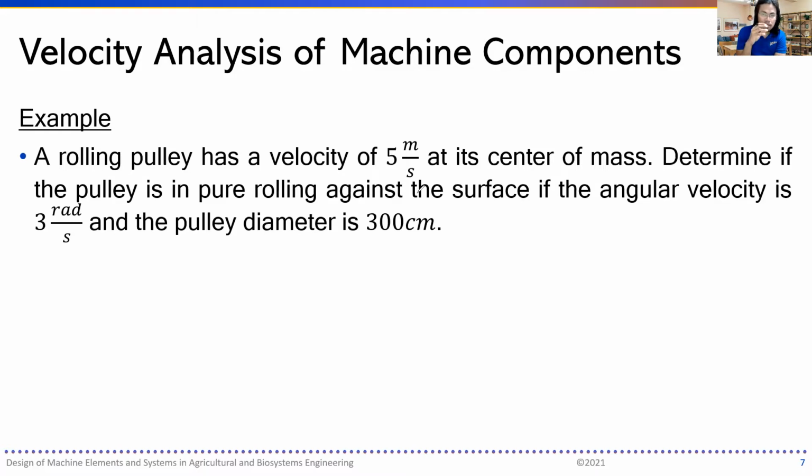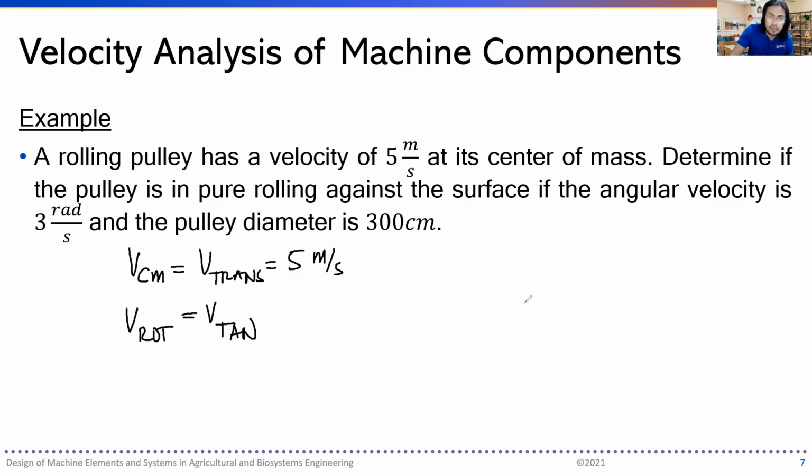Given that the angular velocity is 3 rad per second, and the pulley diameter is 300 centimeters. From here we know that the velocity of the center of mass, VCM, is equal to your translational, which is given as 5 meters per second, and you have your v rotational, which is actually the v tangential of your pulley.